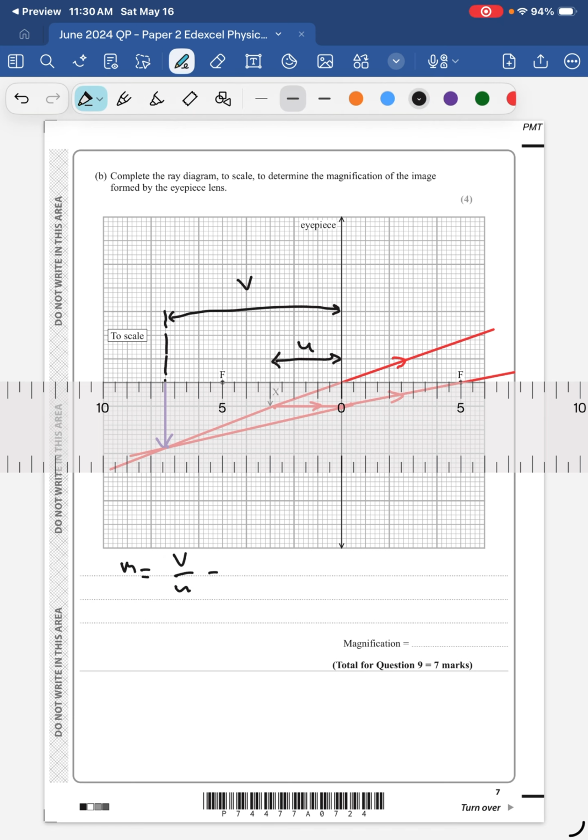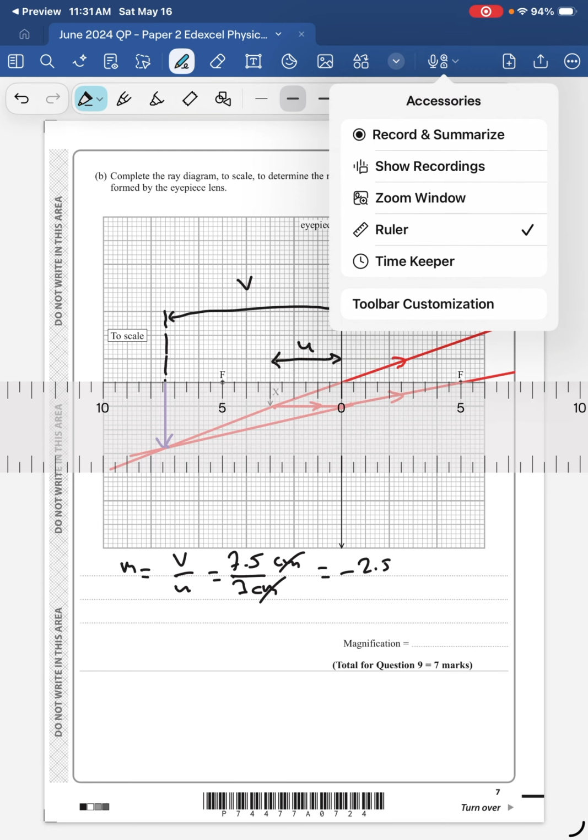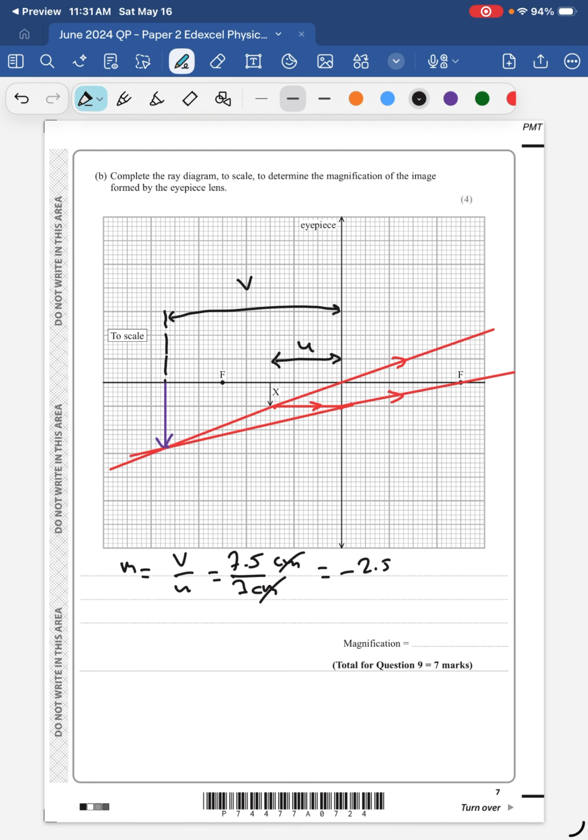V over U. So we said that U is 3, that's the denominator, and the numerator is 7.5. So we get 2.5, which is actually minus 2.5 because it's a virtual image. So this was question 9.